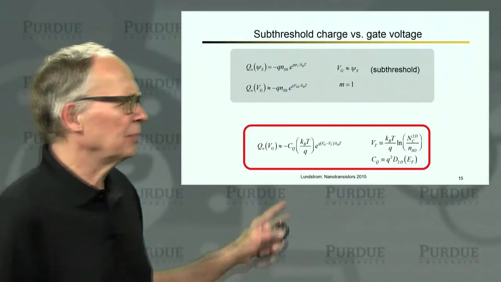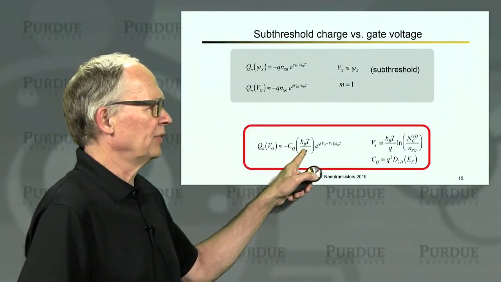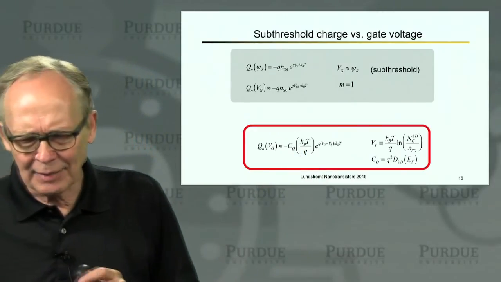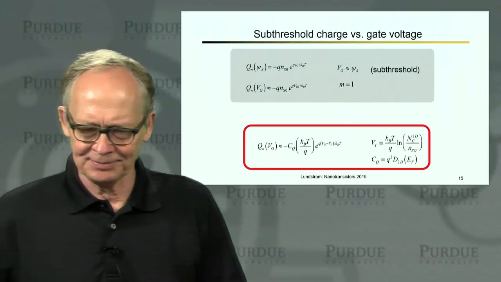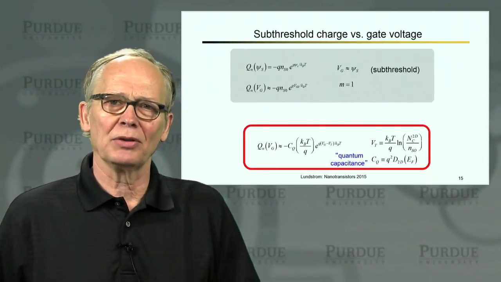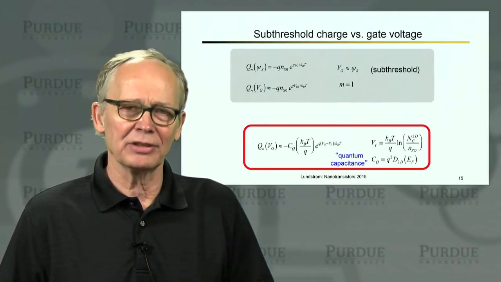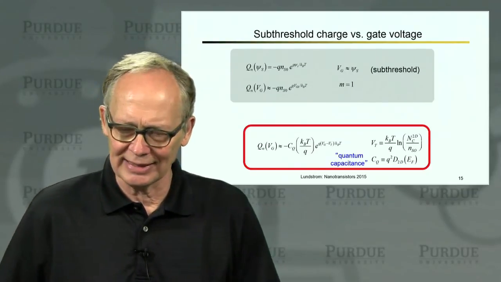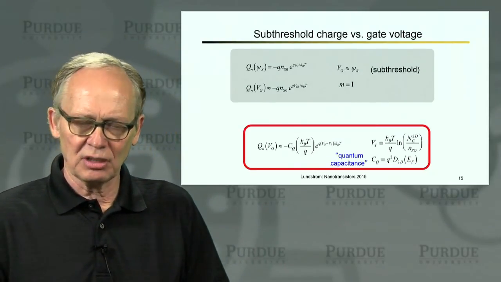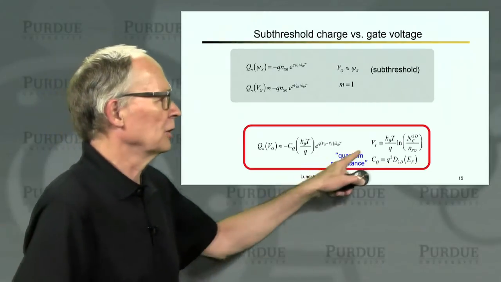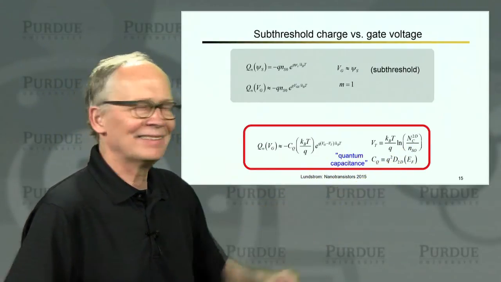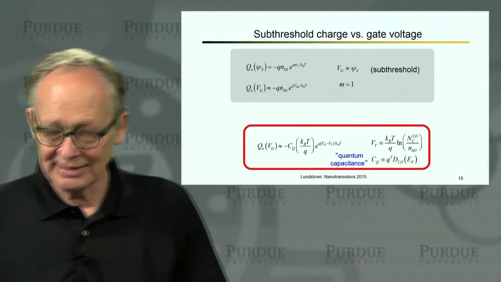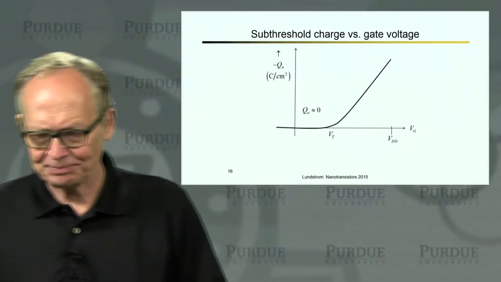And when I collect up the constants out front, I'm going to find a kT over q, and I'm also going to find something that has the units of capacitance. That's what people call the quantum capacitance, and I'll return to that in a minute. When you collect up the terms after doing this algebra, you end up with q squared times the density of states, right? And that has the units of capacitance.